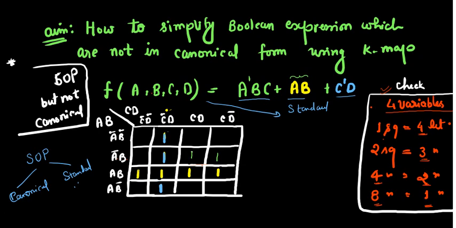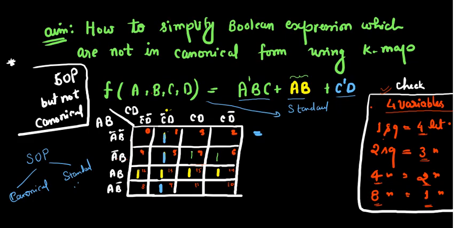So we can see that this SOP in standard form is nothing but 0, 1, 2, 3, 4, 5, 6, 7, 8, 9, 10, 11, 12, 13, 14, 15.